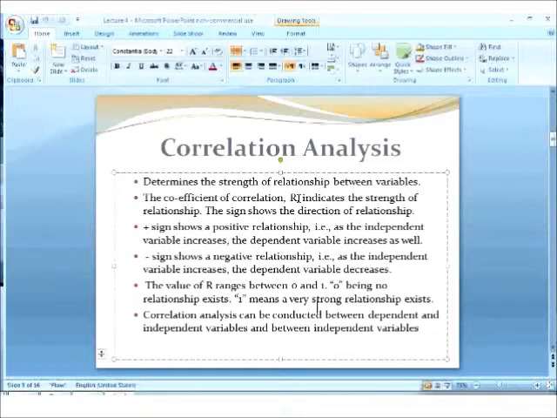However, in case of a negative sign, it means that as the independent variable increases, the dependent variable decreases. For example, going back to our speed example, if on a roadway the posted speed is high, then the vehicles will go at higher speed.